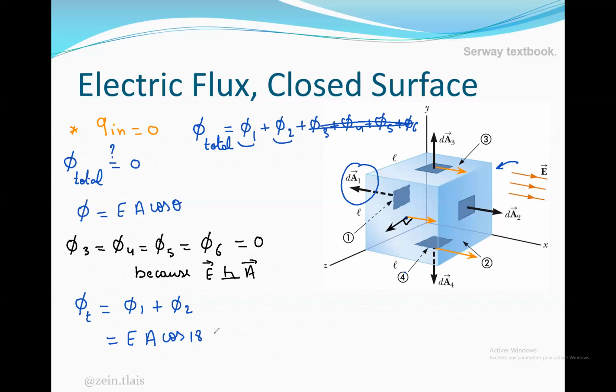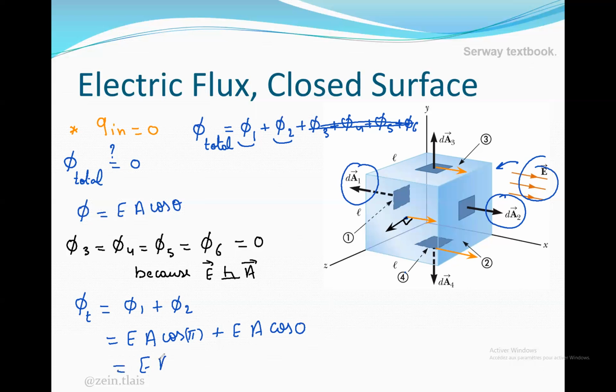We can say cosine pi, plus flux 2 equal to EA, and here we have A2 and E, they have the same direction. We can say cosine 0.